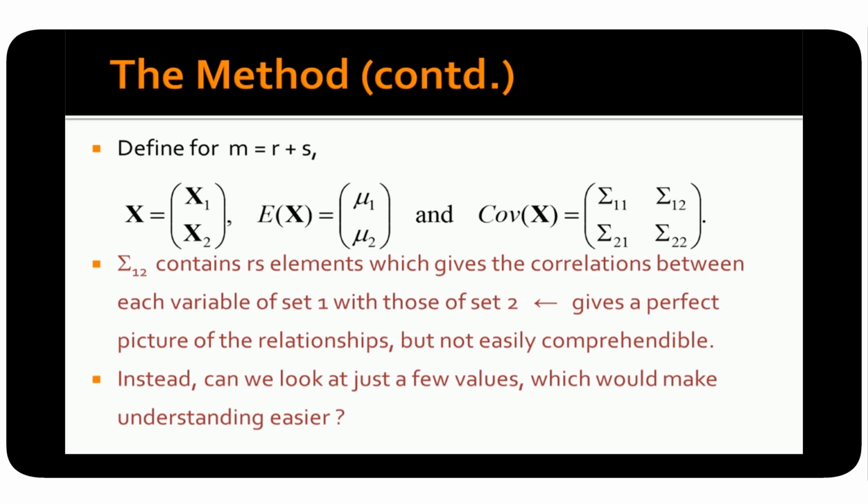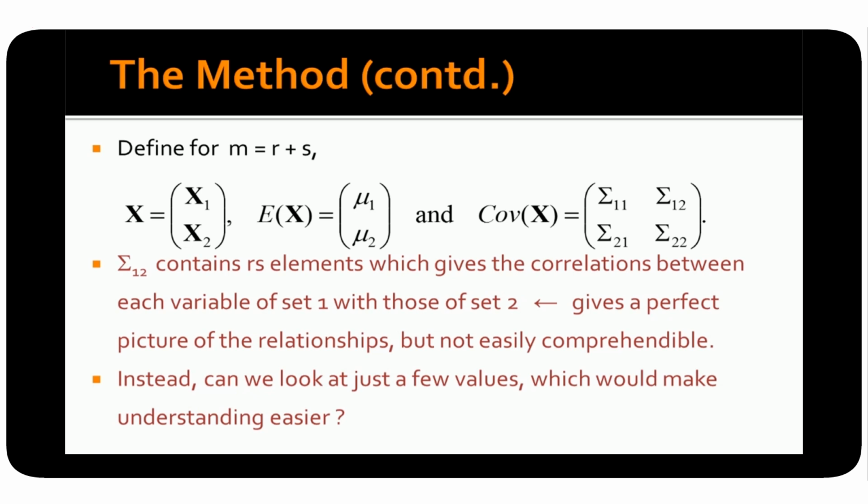The covariance matrix can be written as sigma, which is basically block matrices composed of sigma 11, sigma 12, sigma 21 and sigma 22. The two diagonal blocks are the variance covariances of the respective variables x1 and x2, and the off diagonal elements are the correlations between these.